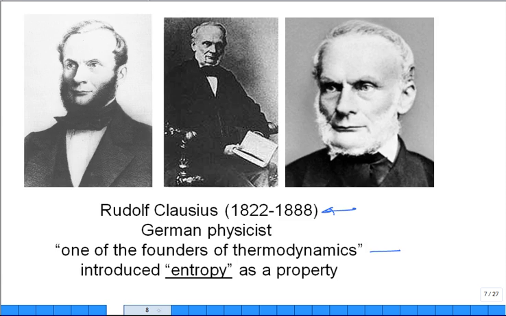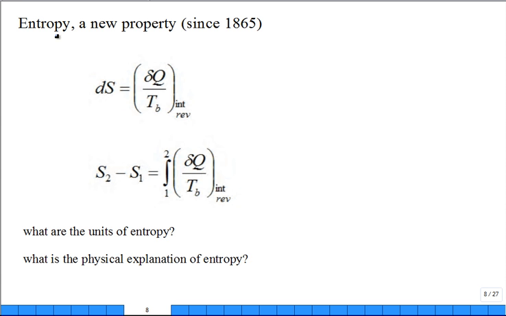This new property, and I say new in quotes, it's new to you, it's new to me, but he coined it in 1865. Try to put that in context. What was happening in the United States in 1865? Bloodbath. You got it right. So we're studying something that's not that new. It's new to you and to me, but it's been around for a long time.